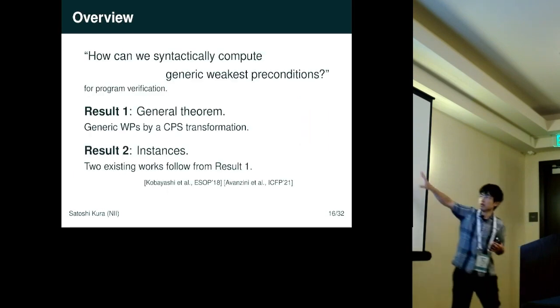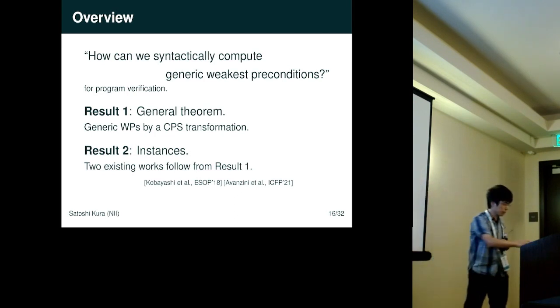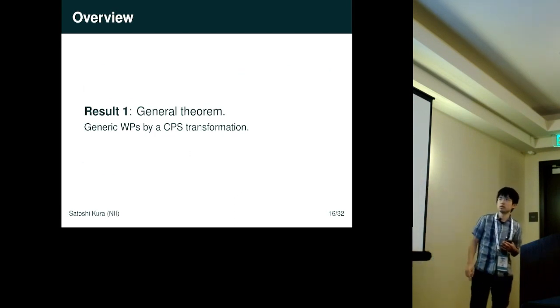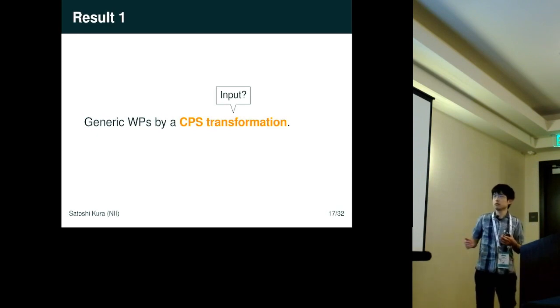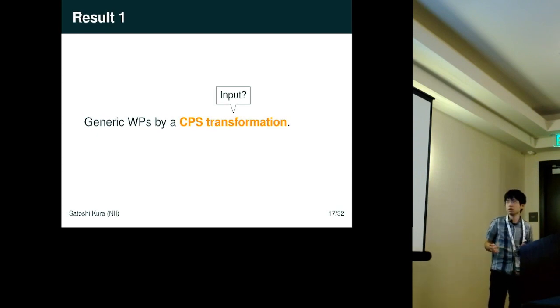So now I'm going to explain the first half of our result, which is a general theorem. Our general theorem states that generic weakest preconditions can be computed by a CPS transformation. But before explaining the CPS transformation itself, I'd like to explain the input and the output of the transformation.